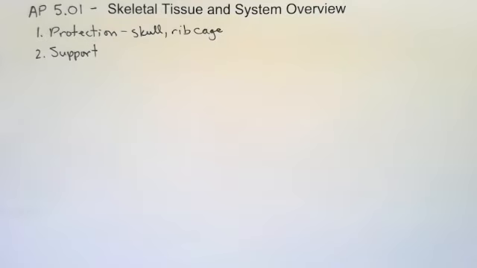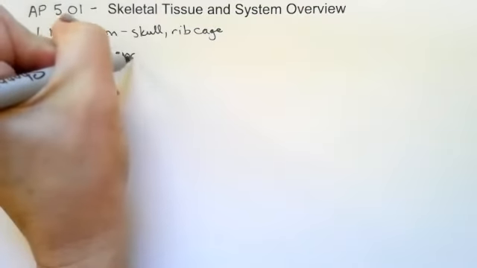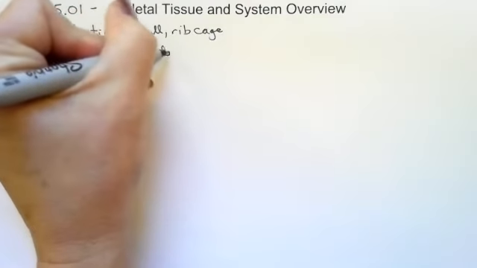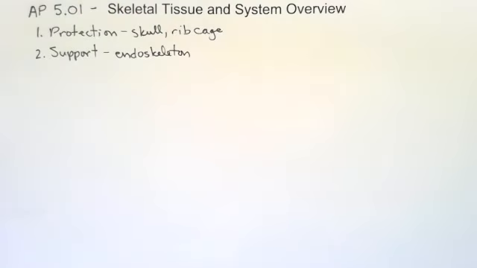Plants have cellulose, but for animals, we have what's called an endoskeleton, where we have bones on the inside. I should say, not necessarily for all animals. That was a really wrong statement. For chordates. So all of the chordates, if you have a backbone, for the most part, you probably have a skeleton.